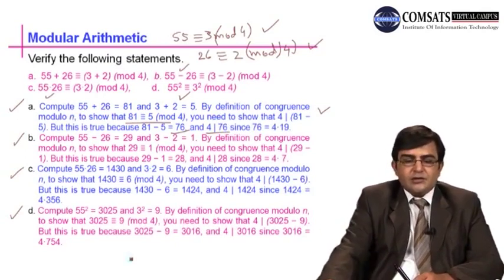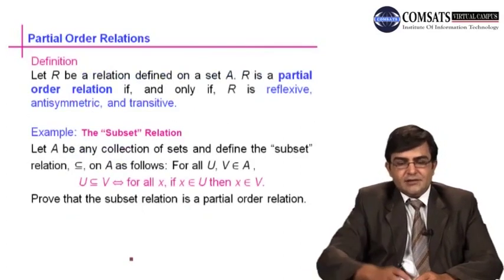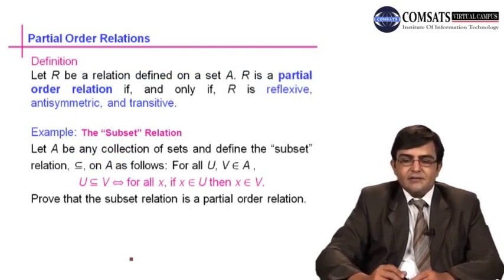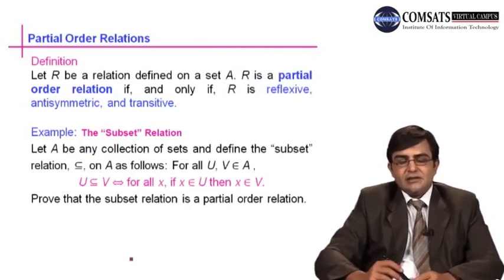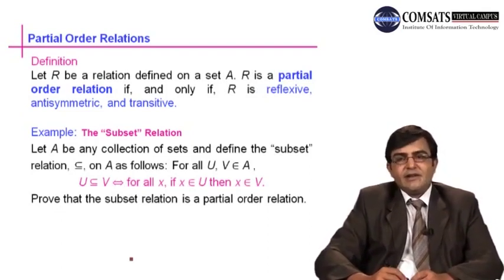So now we are going to discuss partial order relations. What is a partial order relation? As we have discussed in the previous slides, an equivalence relation is a relation which is reflexive, symmetric and transitive.